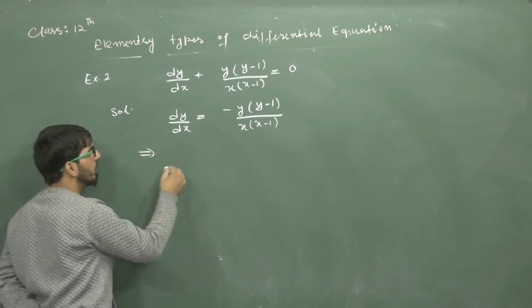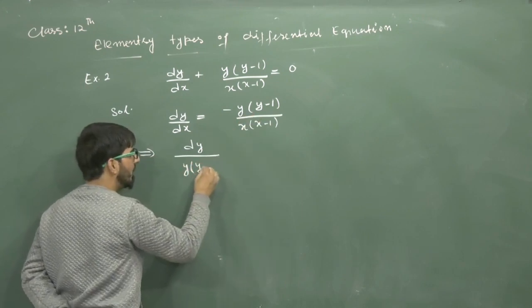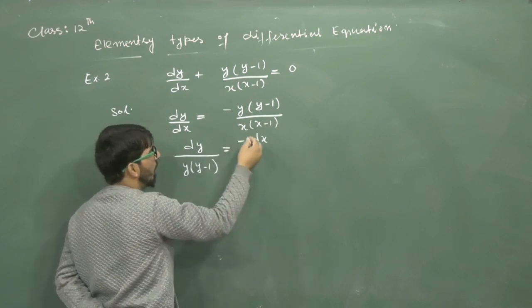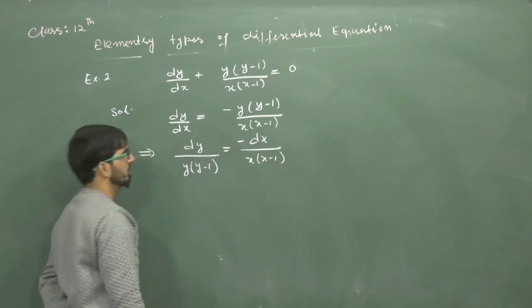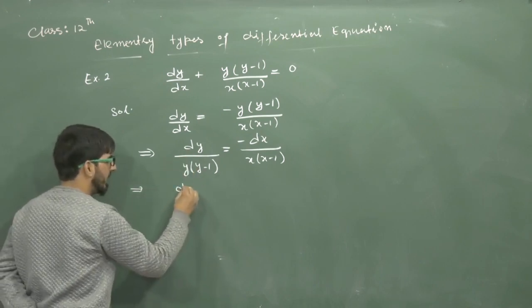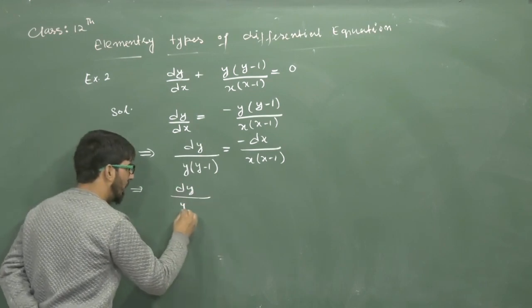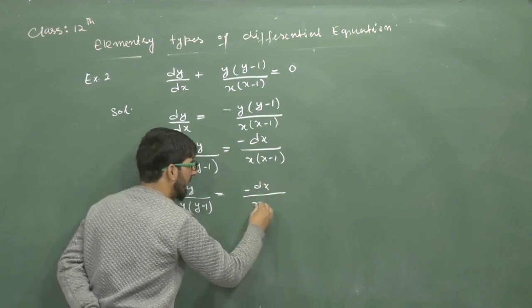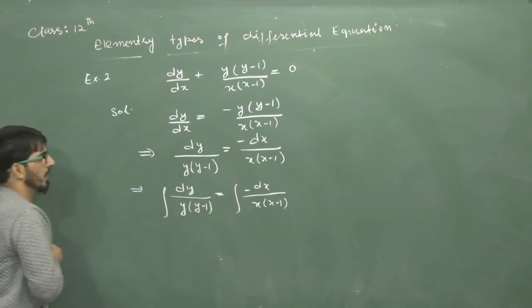So by separating variables here, dy divided by y(y - 1) is equal to minus dx divided by x(x - 1). So integrating both sides here.